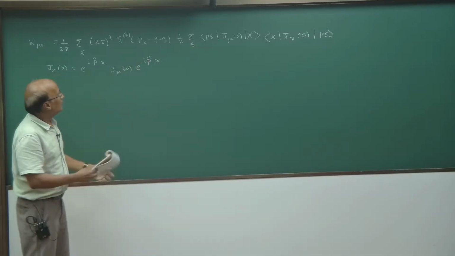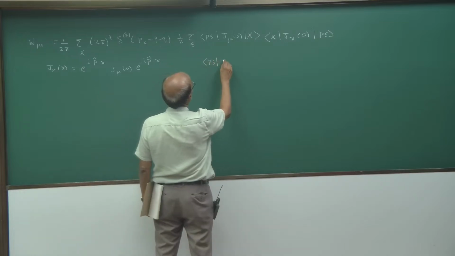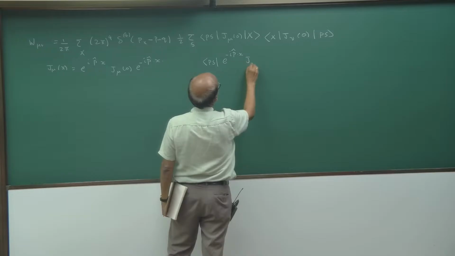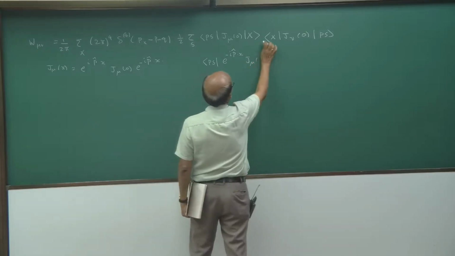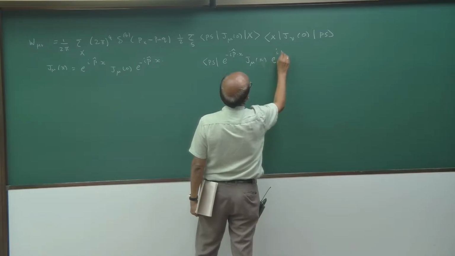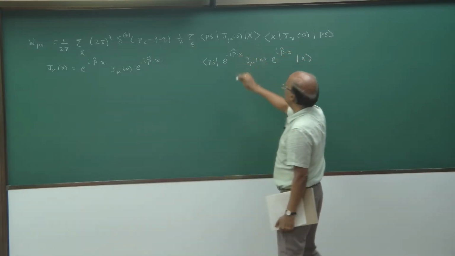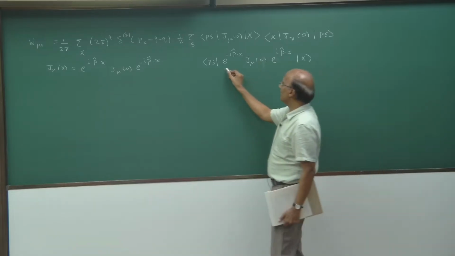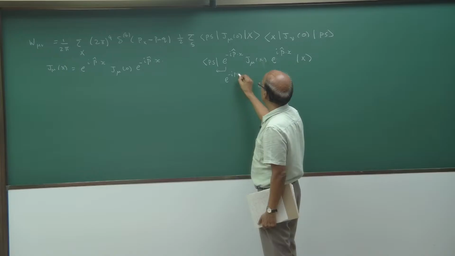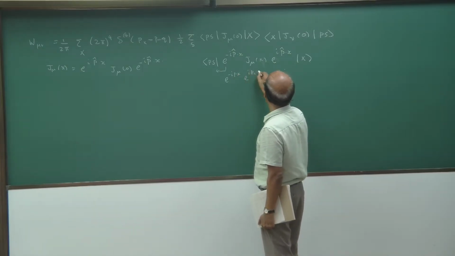How? If I write it as e to the power minus i P dot x j mu of x e to the power i P dot x, this part will give me e to the power minus i p dot x, and this will give me e to the power i P_X dot x.